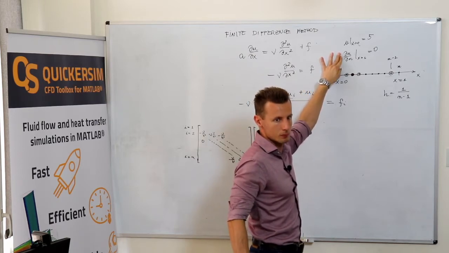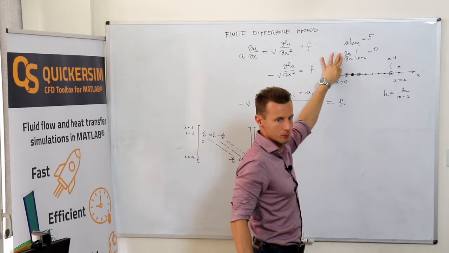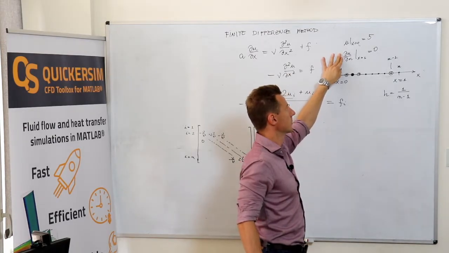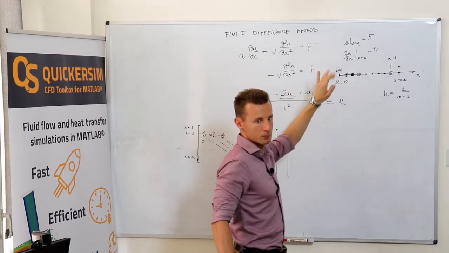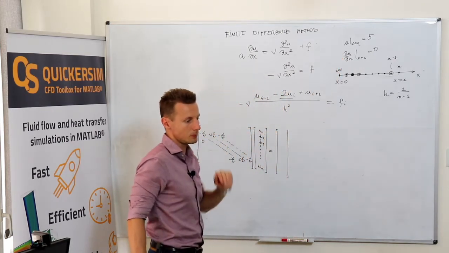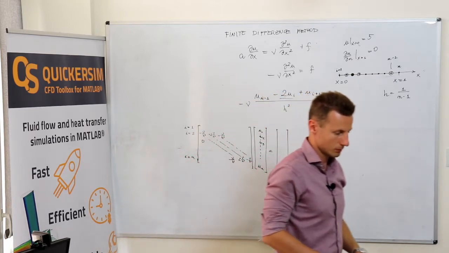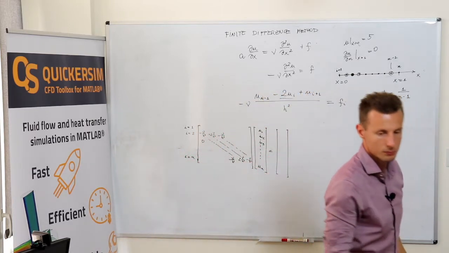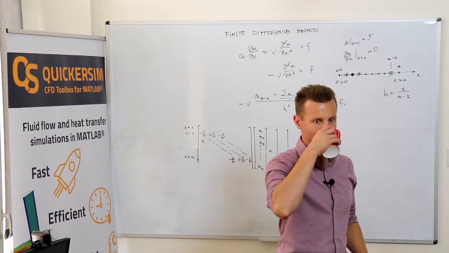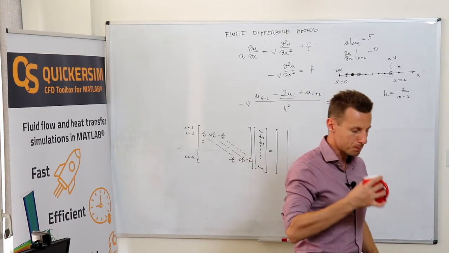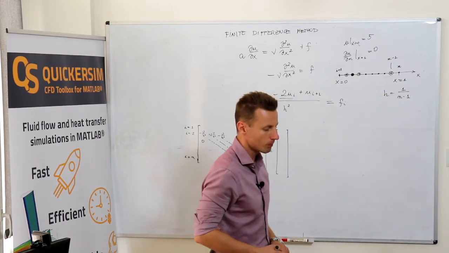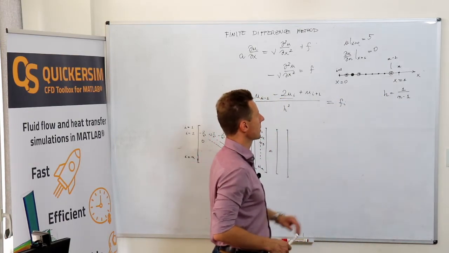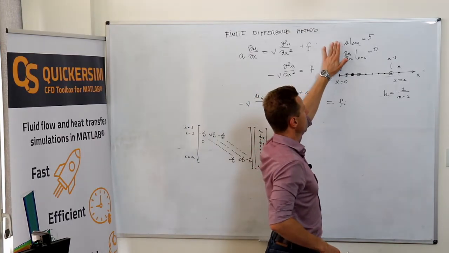And at the point x equals 0, we should just insert 1 into the matrix at the point 1, 1, and zeros to the other elements of that row, and the value 5 to the right-hand side. So let's start with the first equation.